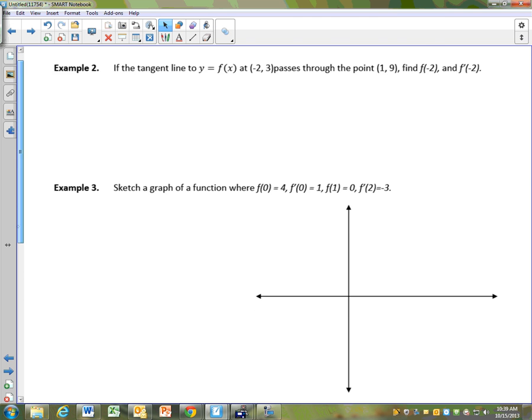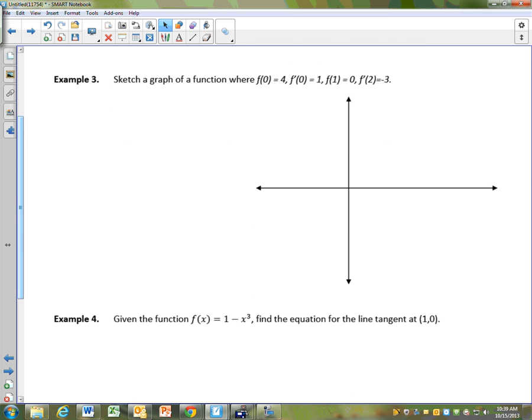It says, sketch a graph of a function where f of 0 is 4, where f prime of 0 is 1, where f of 1 is 0, and where f prime of 2 is negative 3. You help me understand. Let's first interpret what each one of those means.